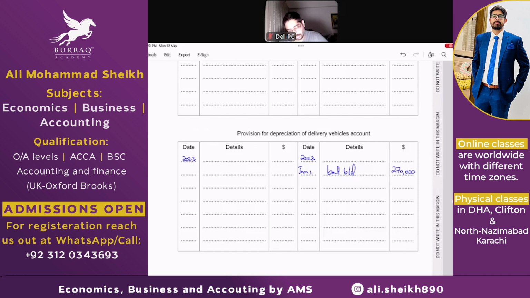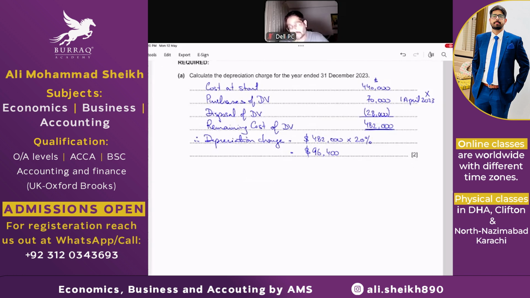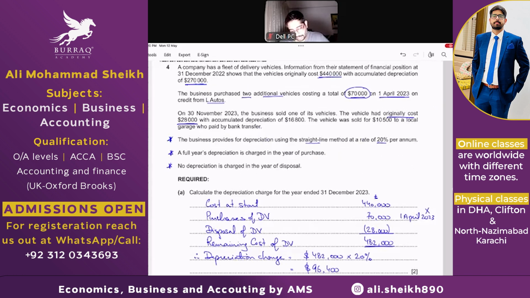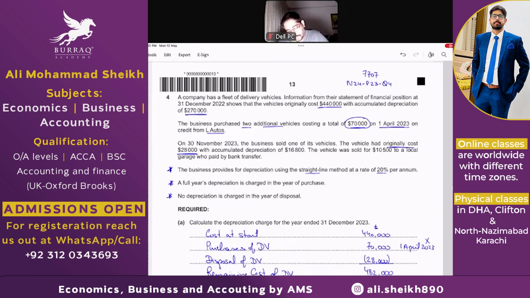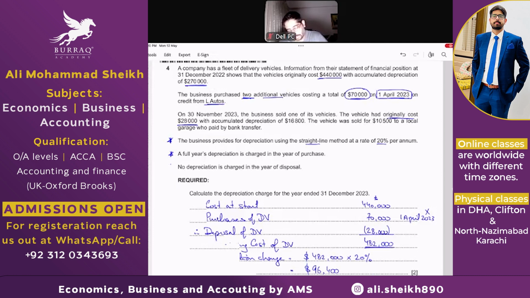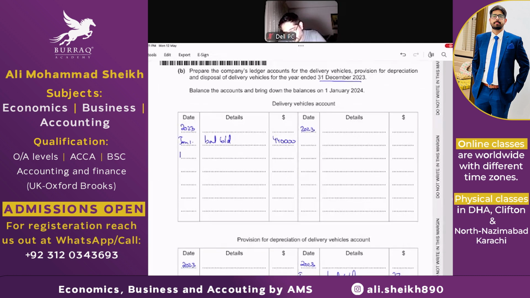And let's start with the other elements of the question. In 2023 on April 1st, the company has bought 2 additional vehicles from L Autos. So the journal entry would be vehicles debit, L Autos credit. So on the debit side of the delivery vehicle account, you need to write April 1st, L Autos, and you need to write $70,000 over here.